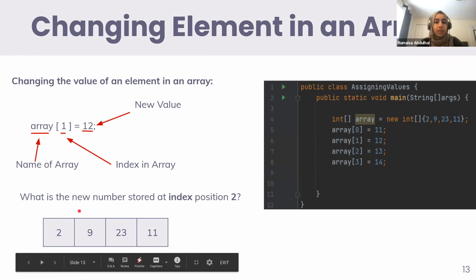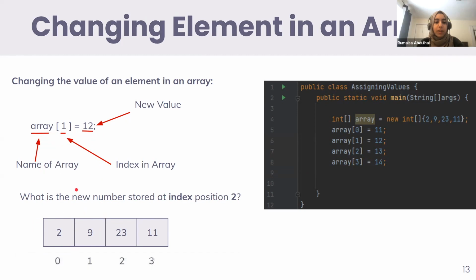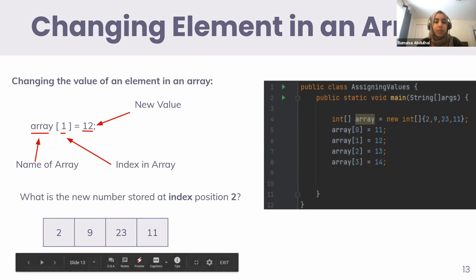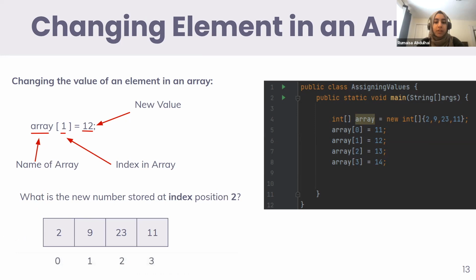I think this was a different example. So index position 1 will be 12, but now we're asking what is index position 2? And I think we had some correct answers. Oh, sorry, my apology. Yes, index position 2 from the code is 13. Sorry, that is correct.